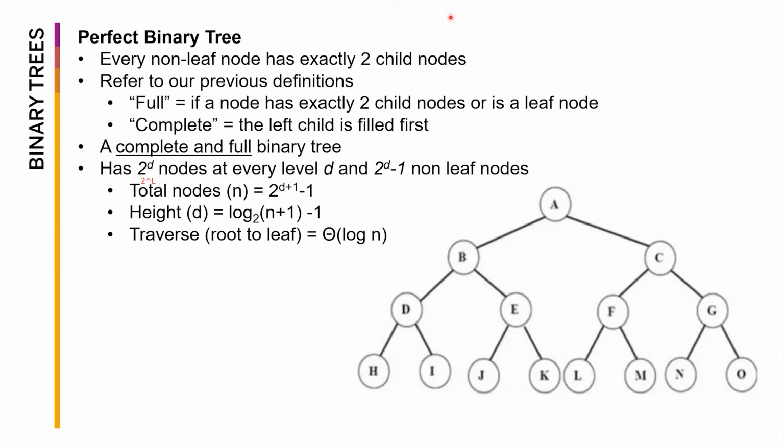So again, if you were given a problem, let's say a tree has 3 levels, which means D is equal to 3. How many non-leaf nodes are there on the tree?